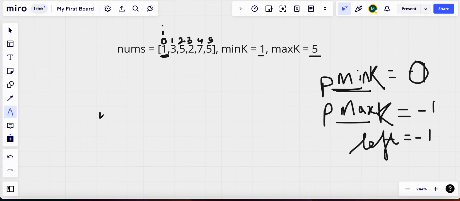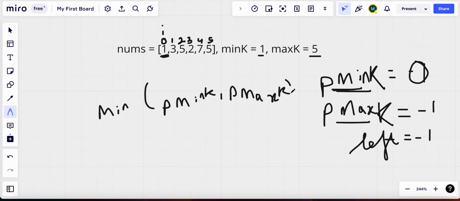Now what we do is we take the minimum of both our position of min k and position of max k. So what is the minimum of these two values? Since our min k is equal to 0, max k is equal to minus 1, so our minimum is equal to minus 1, right?